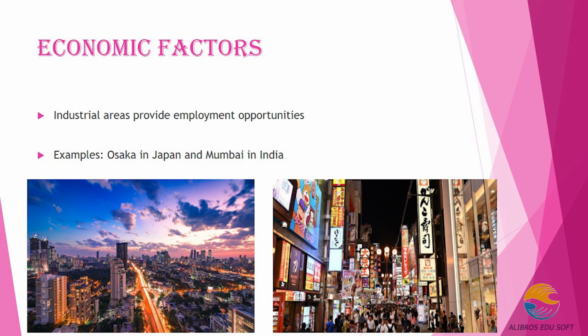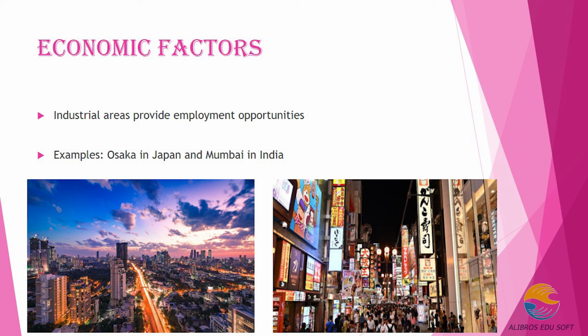Next is economic factors. Industrial areas provide employment opportunities, so they attract a large number of people. In the areas of these industries, there are large numbers of MNCs, that are multinational companies. People have a wide variety of jobs there. We know about Gurugram.